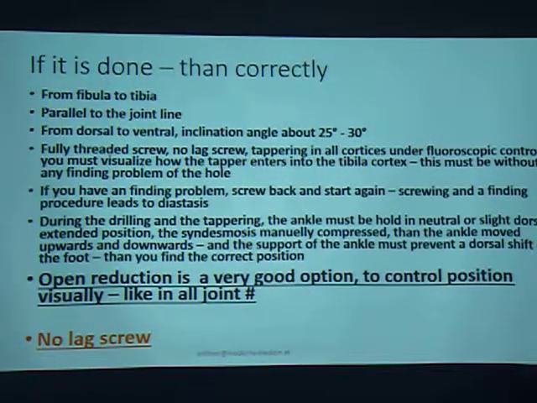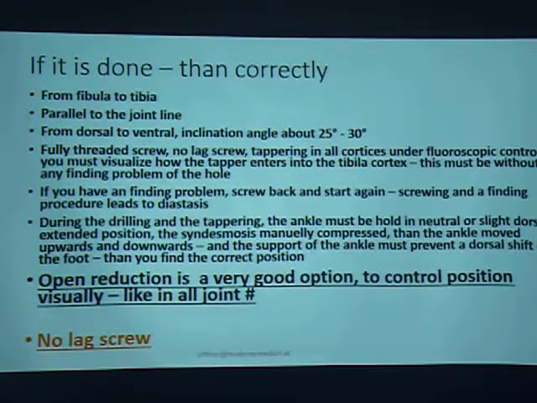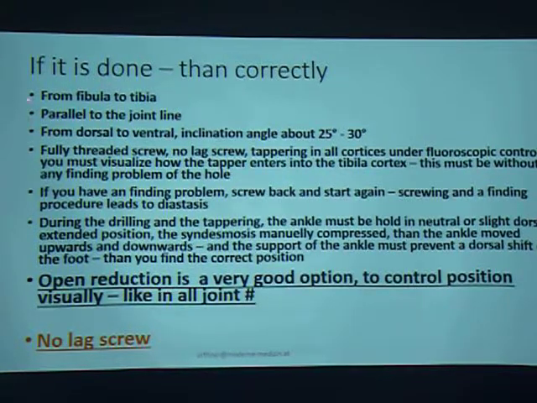But if you do a syndesmotic screw, the most important thing is to make it correct. You must do it from the fibula to the tibia, parallel to the joint line, about 25 to 30 degrees upwards, and it's a fully threaded screw, no lag screw. Yeah? It's a positioning screw, it's holding together.